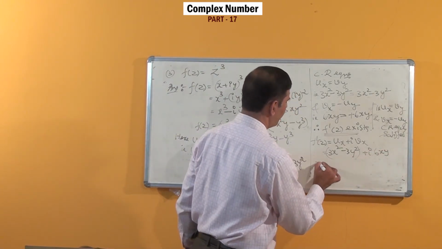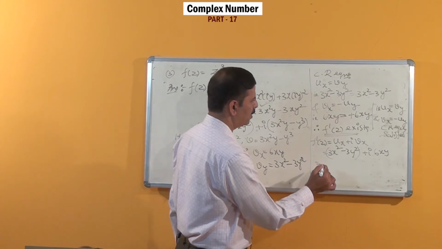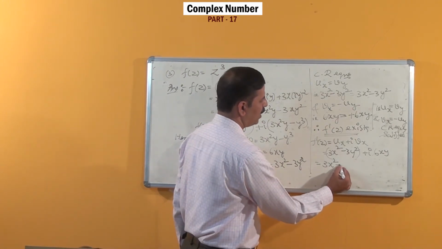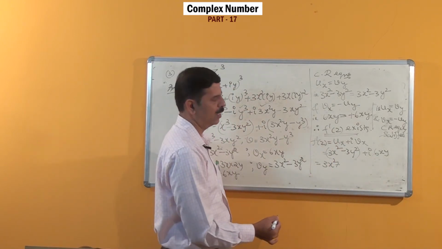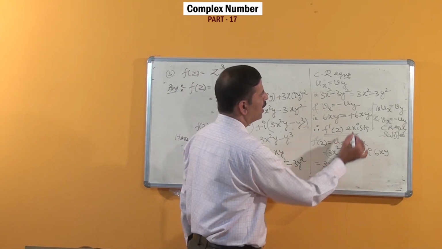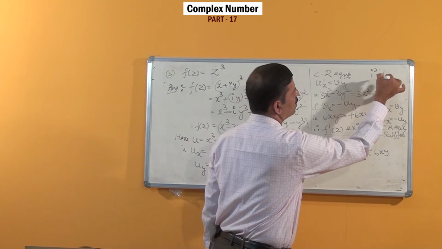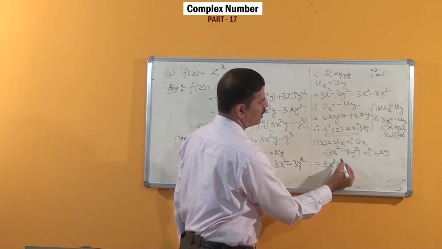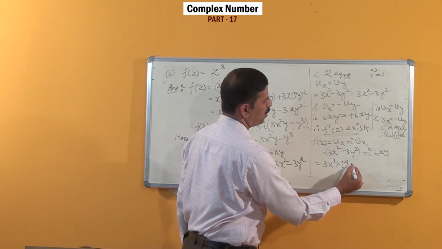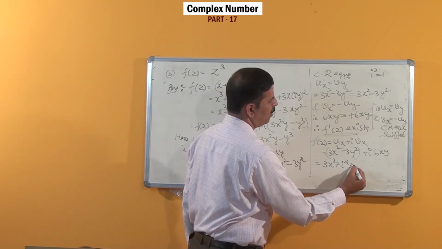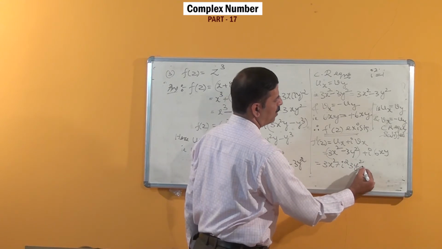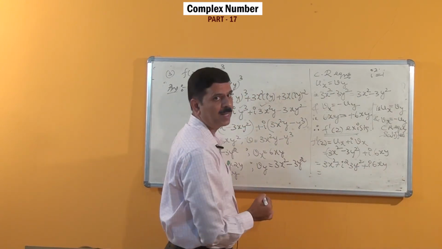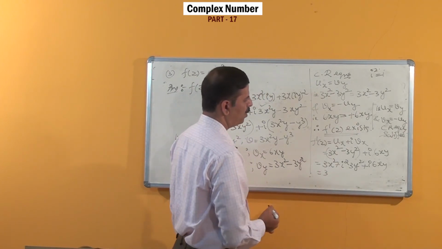Let me simplify this. It becomes 3x square, and this minus term I will express in terms of i. i square is equal to minus 1, isn't it? So I will replace this minus 1 by i square, for simplification's sake: it is i square y square plus i into 6xy. You observe that 3 is common, you may take it outside.